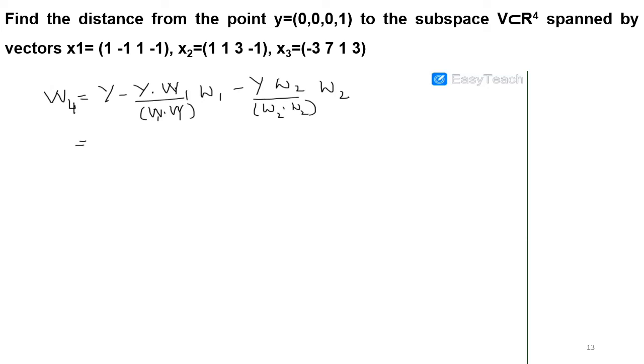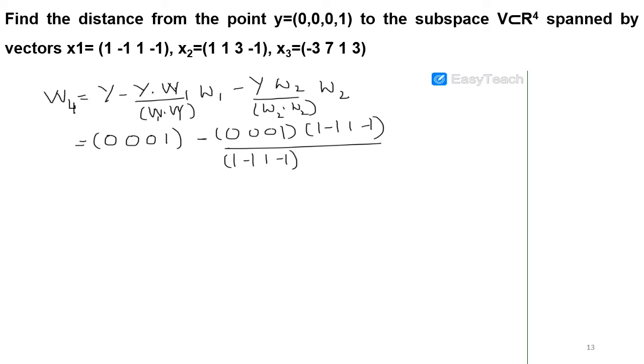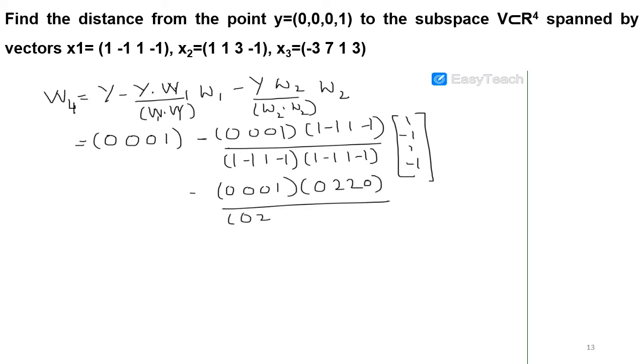So here y value is given as 0, 0, 0, 1, minus y dot W1, which is 1, minus 1, 1, minus 1, multiplied by 1, minus 1, 1, minus 1, minus y dot W2, which is 0, 2, 2, 0, divided by 0, 2, 2, 0 multiplied by 0, 2, 2, 0.